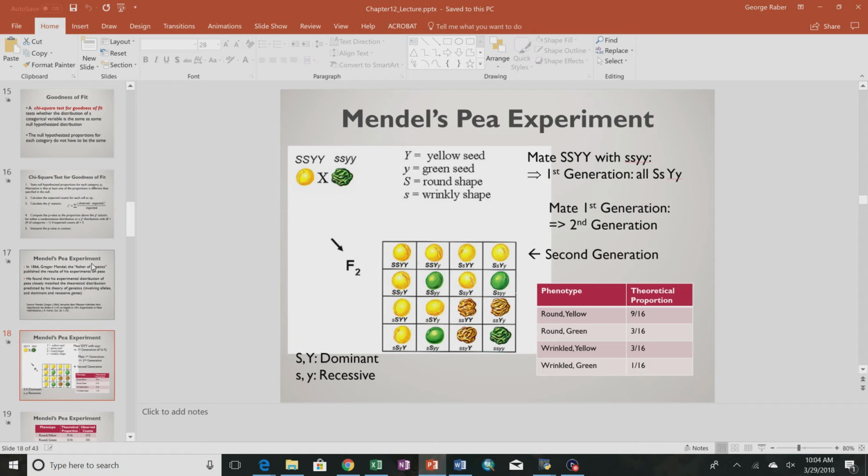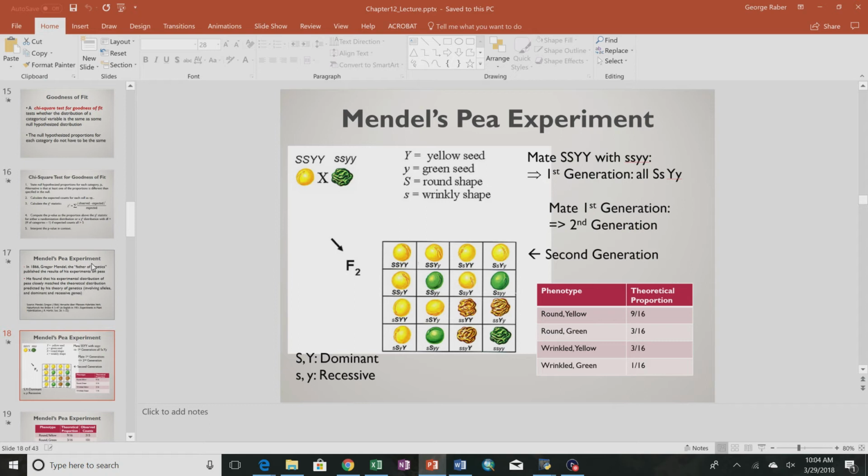That was based on his genetic principles, because the small letters are the recessive gene and the large Y is the dominant gene, the yellow seed. This is the wrinkled yellow seed. So we counted up how much you should get for each category.